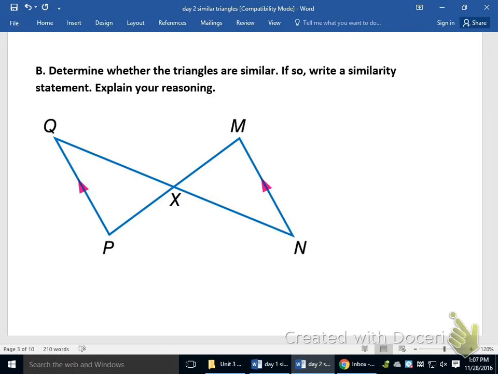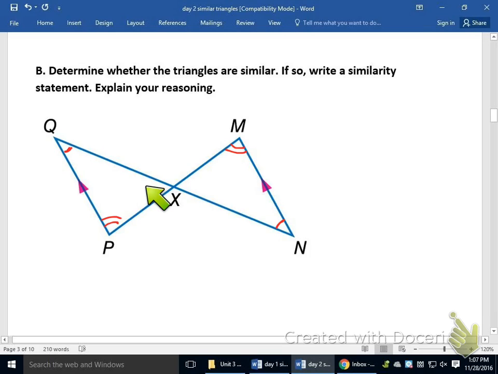Okay, looking at another example, much less information is given to us, but these triangles can be shown similar, and that would be by angle-angle yet again. The angles would be, for instance, angle Q is congruent to angle N by alternate interior angles. Angle M is congruent to angle P, same reasoning.